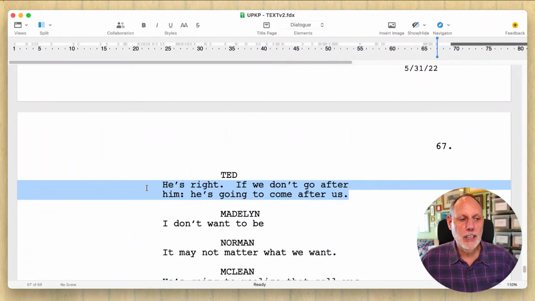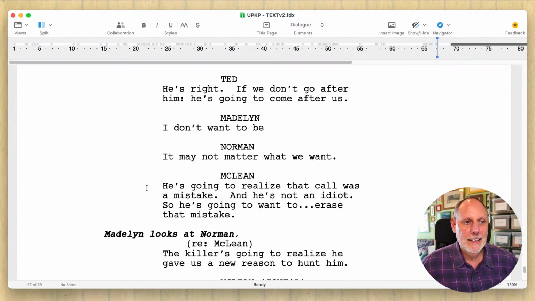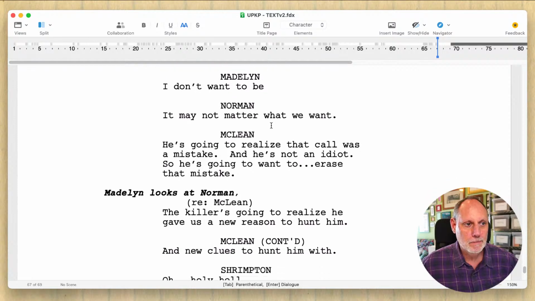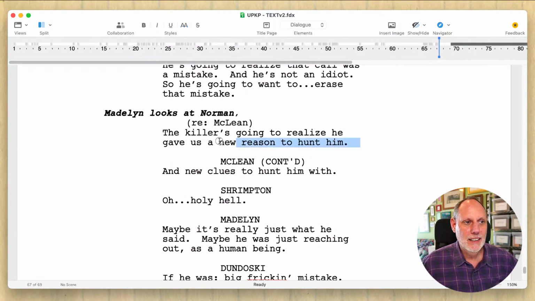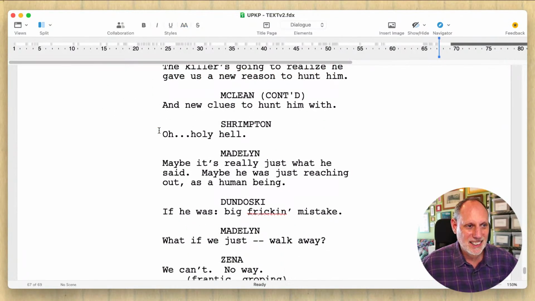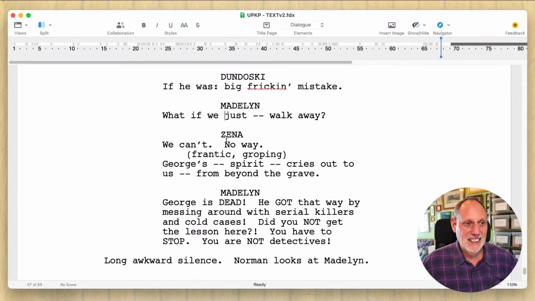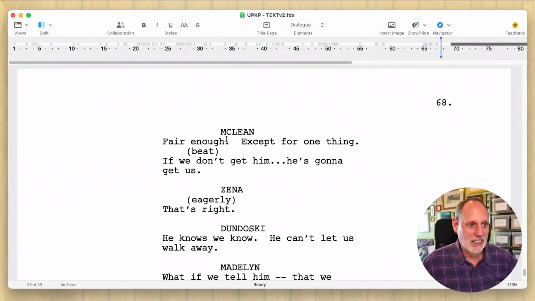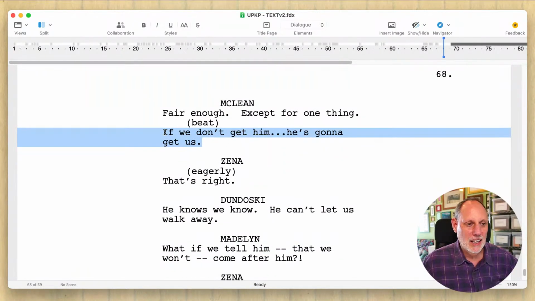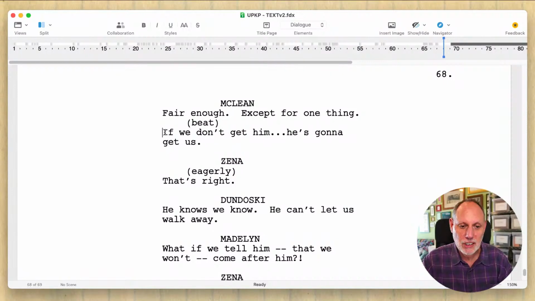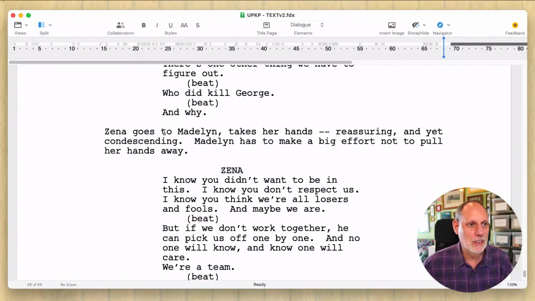If we don't go after him, he's going to come after us. And then they argue about it a little bit. And then they say it again, and then they say it again. So it's like they're having this realization, but they're having it 4 times. Because there's another one down here.